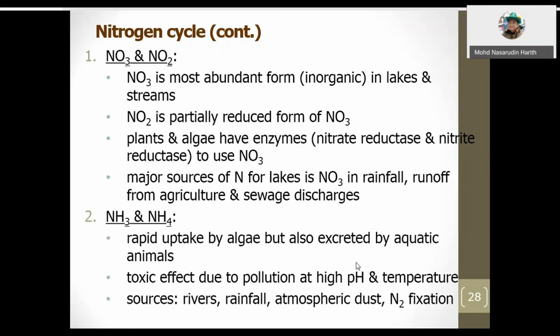Ammonia and ammonium are rapidly taken up by algae but also excreted by aquatic animals. They have toxic effects due to pollution at high pH and temperature. The sources of these two are rivers, rainfall, atmospheric dust, and nitrogen gas fixation.